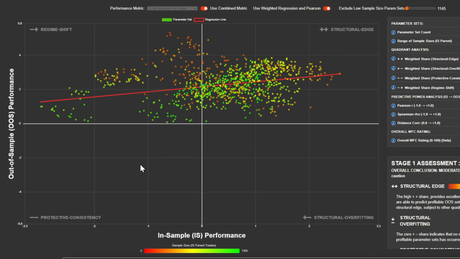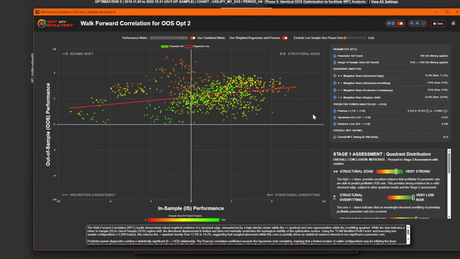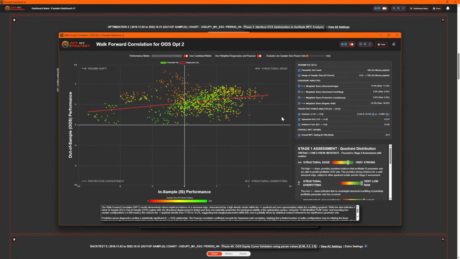Quadrant analysis gives you an immediate intuitive sense of the optimization topology. If most points sit in the upper right quadrant, the strategy has consistent edge. It means that selecting a strong in-sample parameter set gives you a very high probability of strong out-of-sample performance.